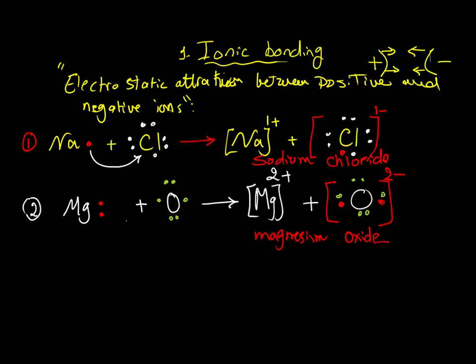Example 3. Magnesium and Cl. Magnesium, look in periodic table, it's in group 2, has 2 electrons. Chlorine in group 7, it has 7 electrons. How do those atoms bond?